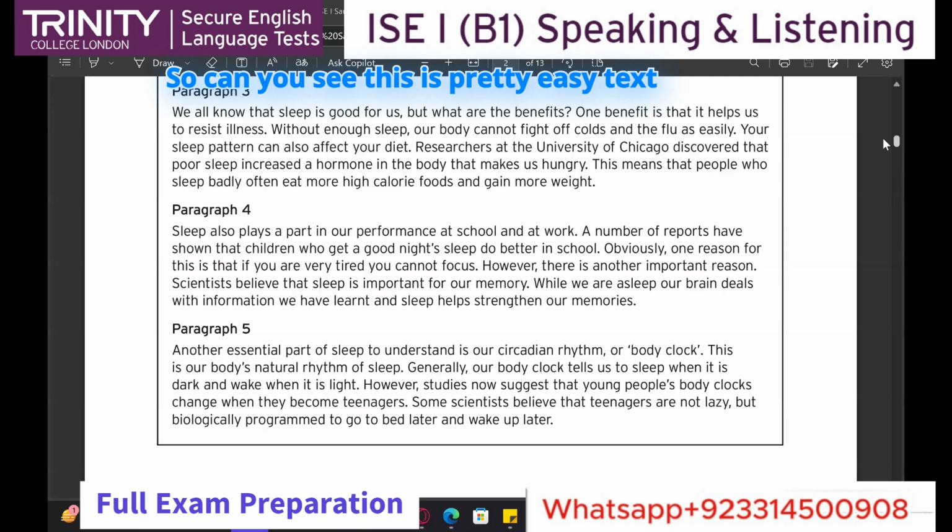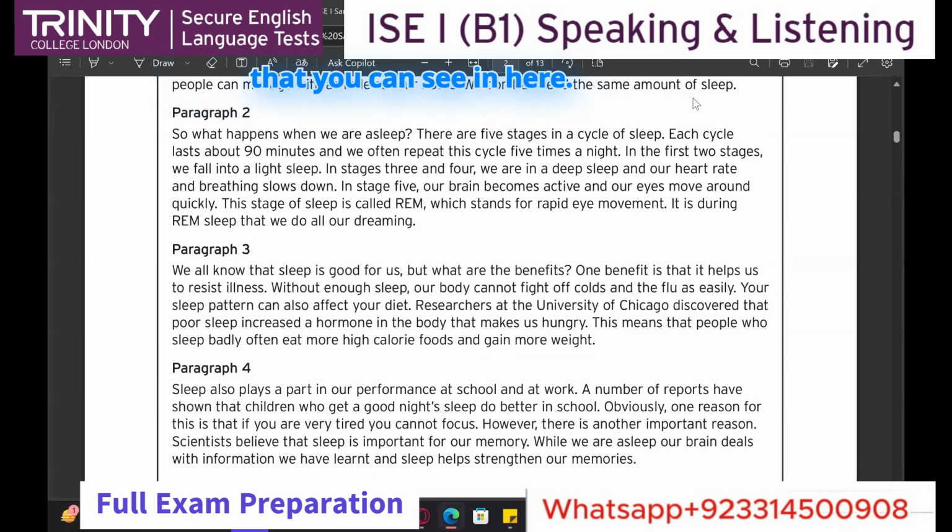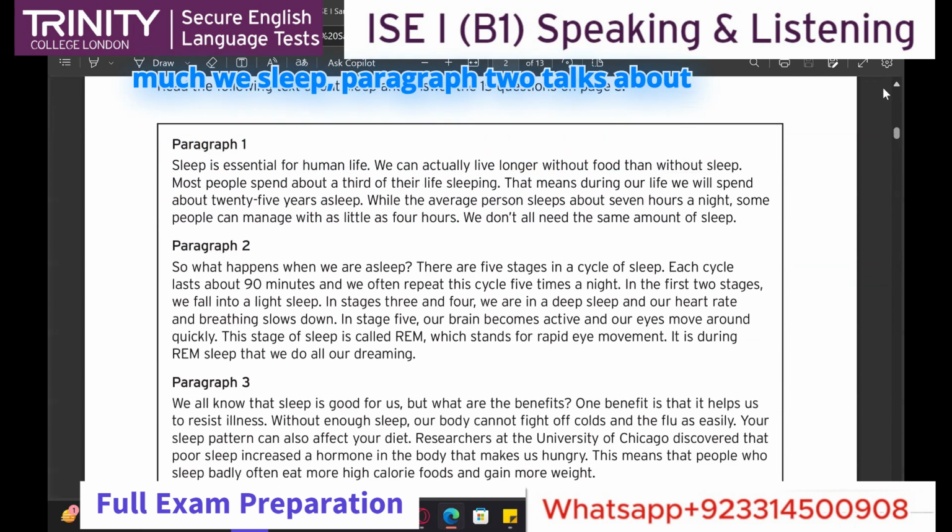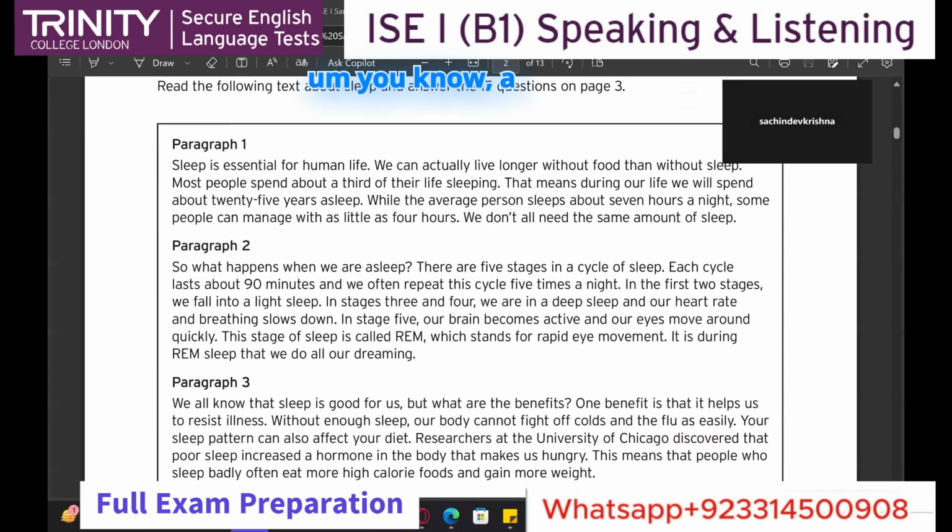So can you see this is pretty easy text that you can see in here? That first paragraph says how much we sleep. Paragraph 2 talks about different types of sleep, and then paragraph 3 talks about a connection between health and sleep.